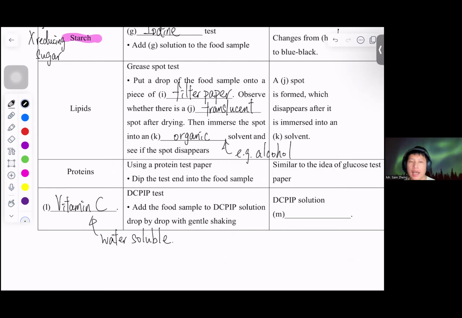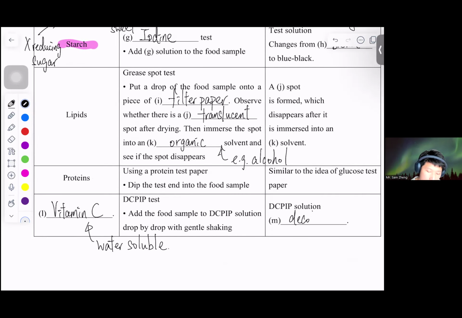When we add vitamin C into a special solution, which we call the DCPIP solution, drop by drop with gentle shaking, until a point where all the DCPIP reacts with the vitamin, the DCPIP solution will be decolorized. What does decolorized mean? It means it turns from blue to colorless.